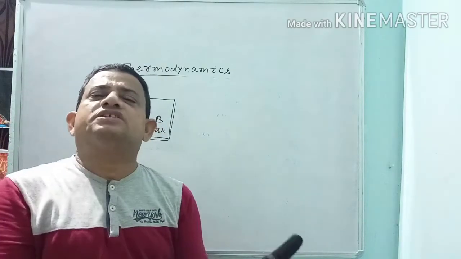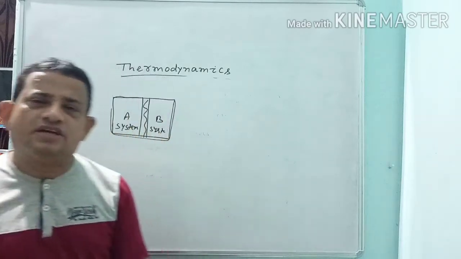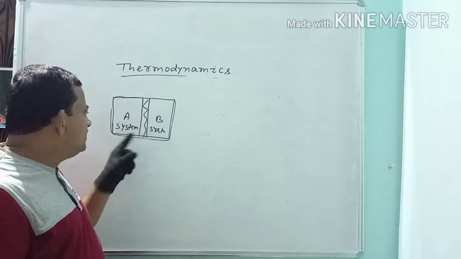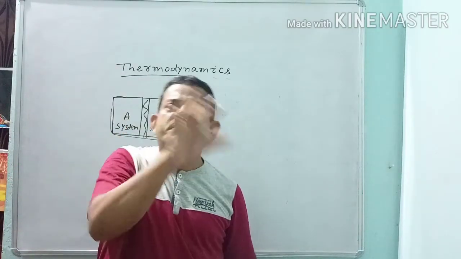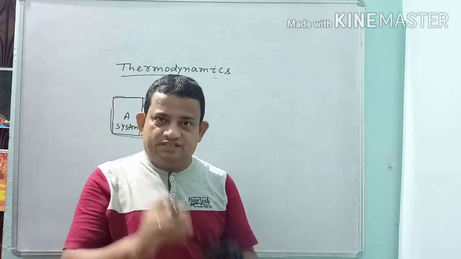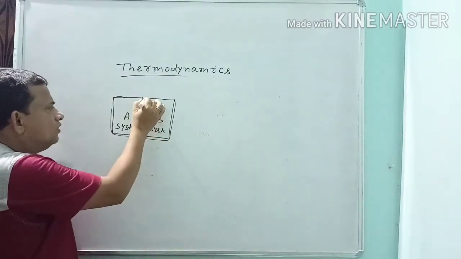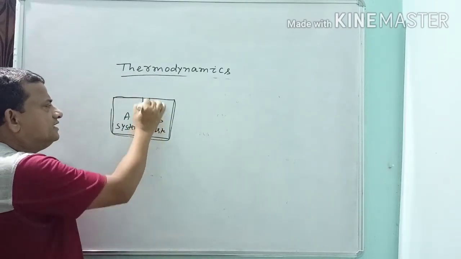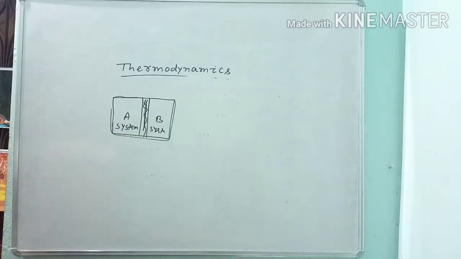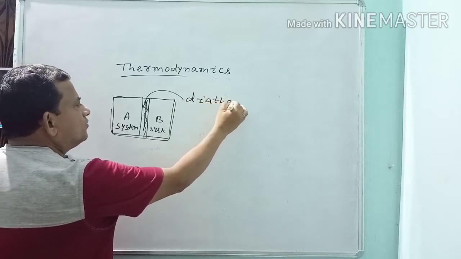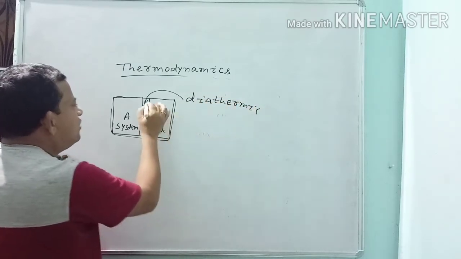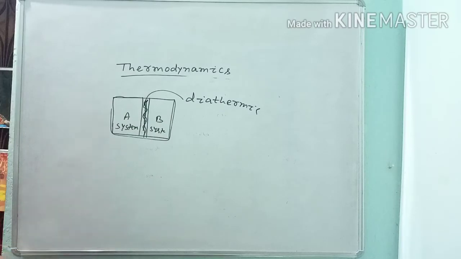Suppose A has a temperature, B has a temperature, but there is an insulating wall. So no heat flows from A to B or B to A. But if this is your conducting wall, or you say diathermic wall, so what happens?